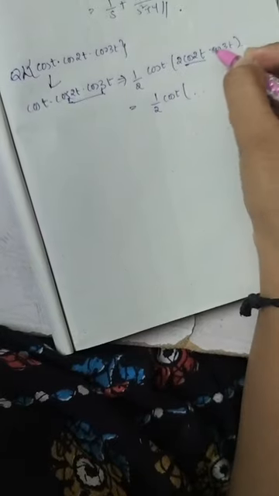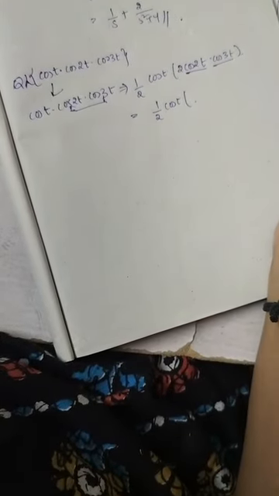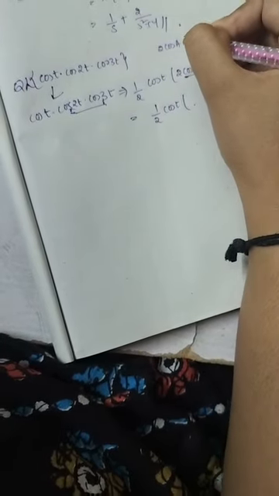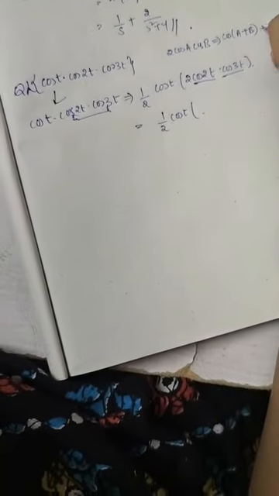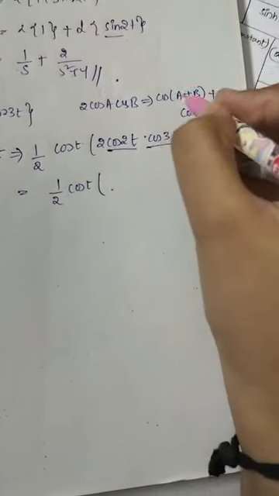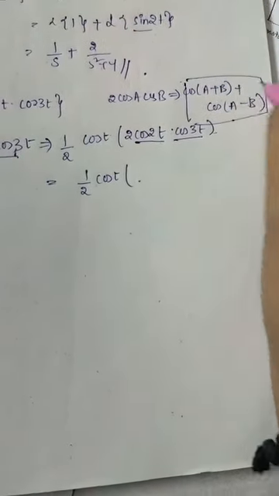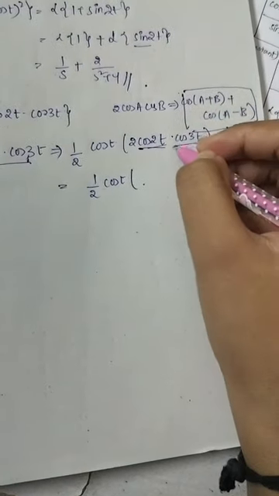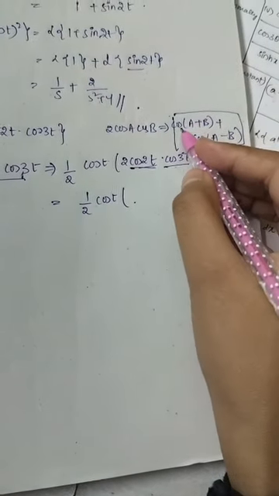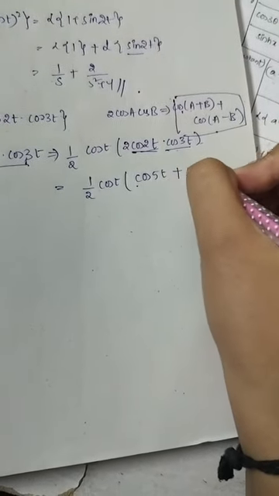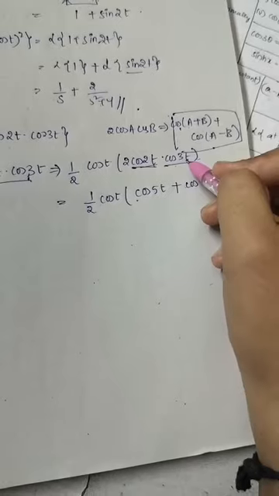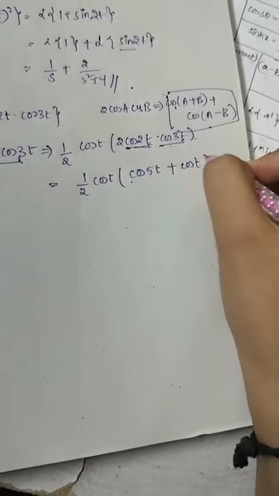Now what is the 2 cos a cos b formula? 2 cos a cos b is cos of a plus b plus cos of a minus b. This is the formula we are going to use. Here we get cos of a plus b, 2t plus 3t, it is 5t, cos 5t, plus cos of 2t minus 3t, cos of minus t, which is cos t only.